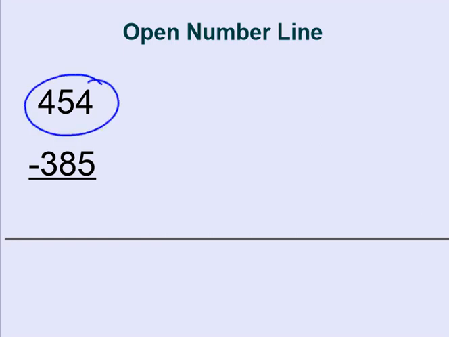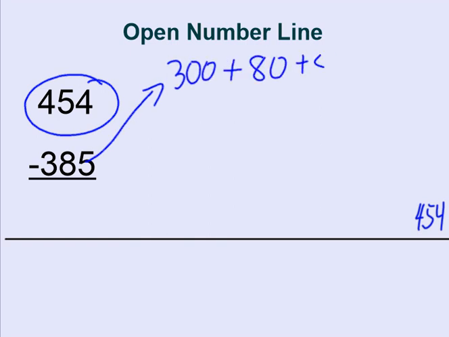They have 454, and that's at the beginning of their number line. And then they're going to expand 300 plus 80 plus 5. And then they are going to subtract. So they have to subtract 300. That's going to be 100 that they're subtracting, another 100, another 100, so that's 300.